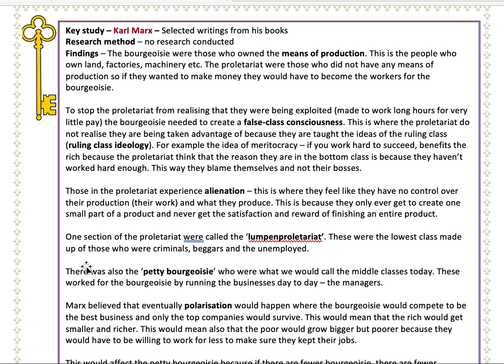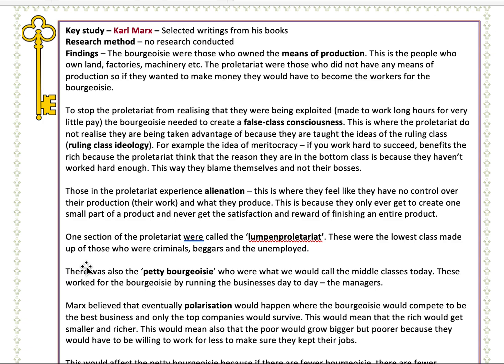So the means of production is anything that you can use to produce something and essentially make profit. So that could be factories, land. In our society now, it would be things like businesses. And the proletariat were basically people who didn't own those things, and they would only make money by working for the bourgeoisie.